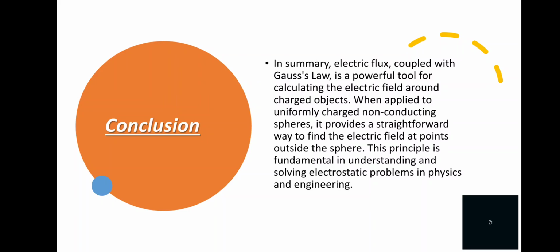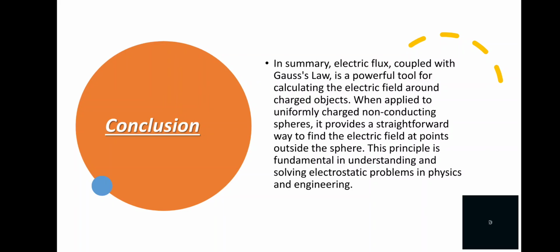The behavior of the electric field lines and equations quantitatively demonstrates key properties of the electric field near charged spheres. The direction and decay match expectations. In summary, electric flux coupled with Gauss's law is a powerful tool for calculating the electric field around charged objects.